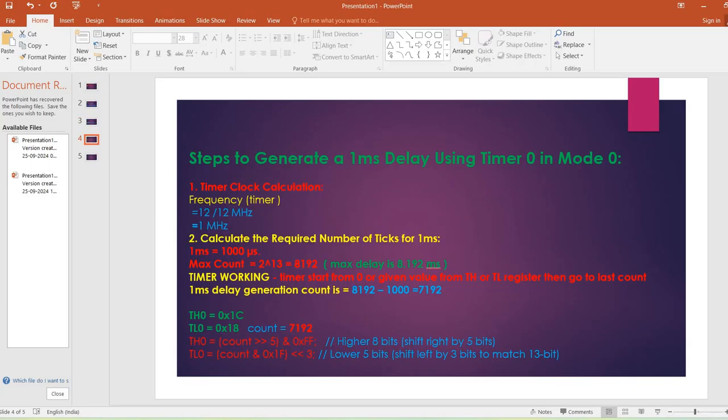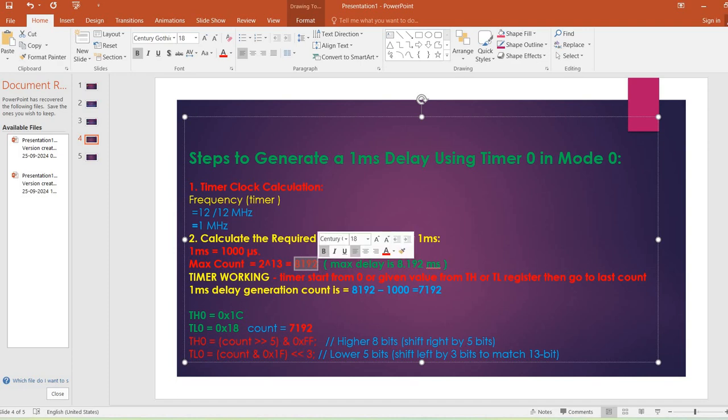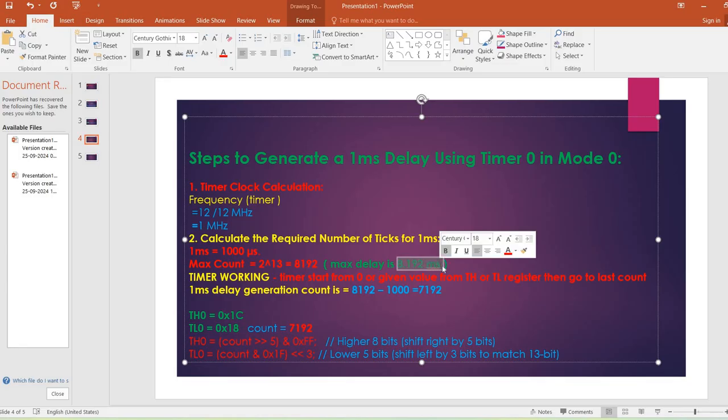So 2 raised to 13 gives a maximum count of 8192, which is the maximum delay generated in one shot: 8.192 milliseconds. For a delay greater than that, generate a base delay, then repeat it, store the count, and use that value in a loop.